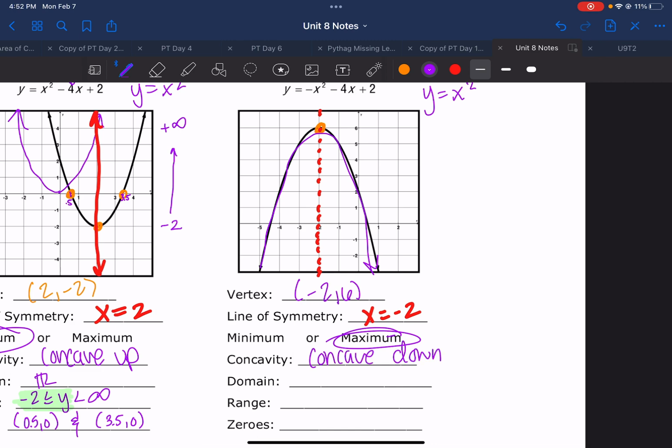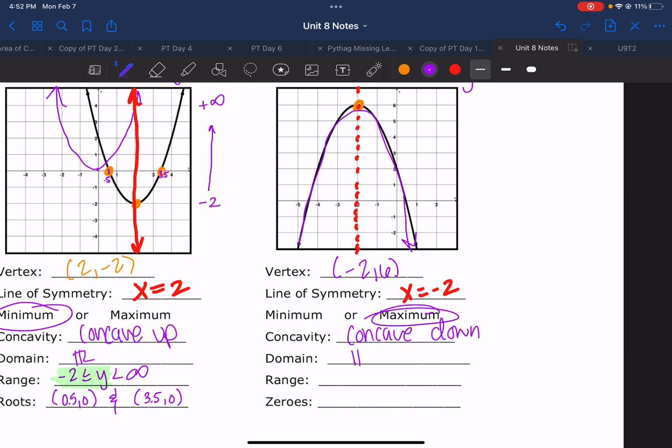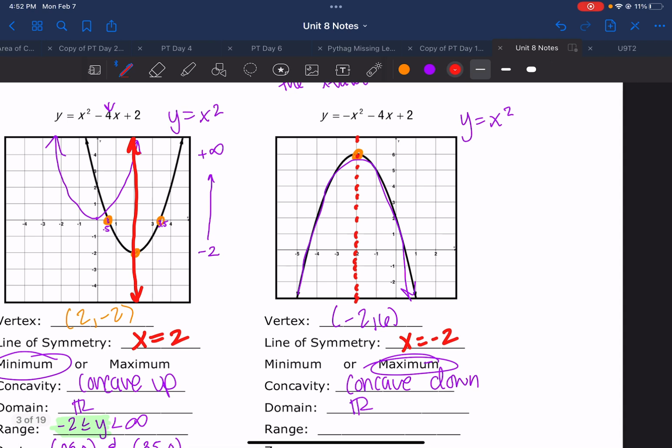Right, domain, easiest thing. Domain is always going to be all real numbers. And then range is the one we have to actually think about. We have to say how high does this graph go and how low does it go. It starts right here, this is the highest point, and it's going to go all the way down.